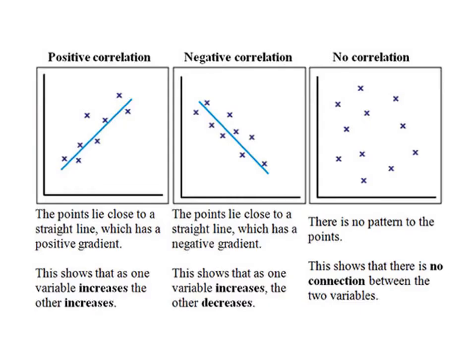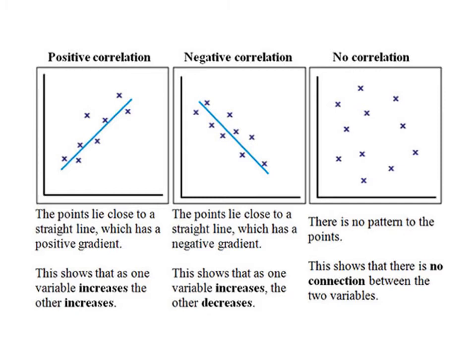Now you need to know the difference between types of correlation. So in a positive correlation, the points lie close to a straight line which has a positive gradient. So in a positive correlation, as one variable increases, so does the other. Now in a negative correlation, the points lie close to a straight line, again, but it has a negative gradient.